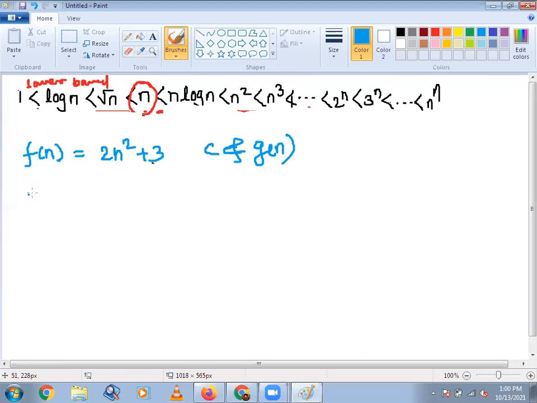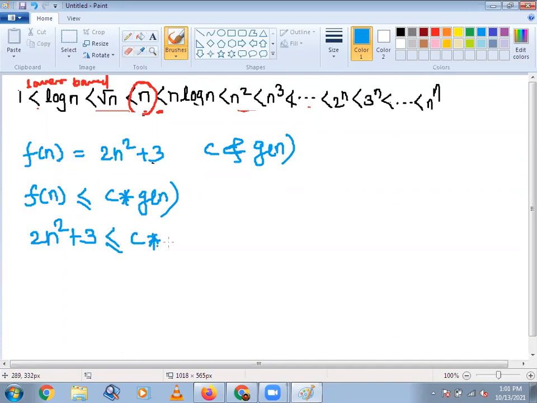Then we write the equation f of n is less than or equal to C into g of n. So 2n square plus 3 is less than or equal to C into g of n.